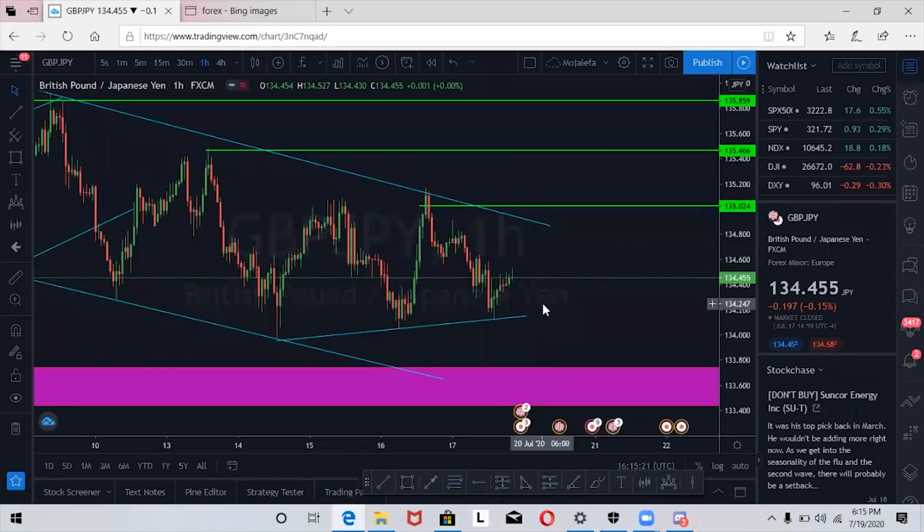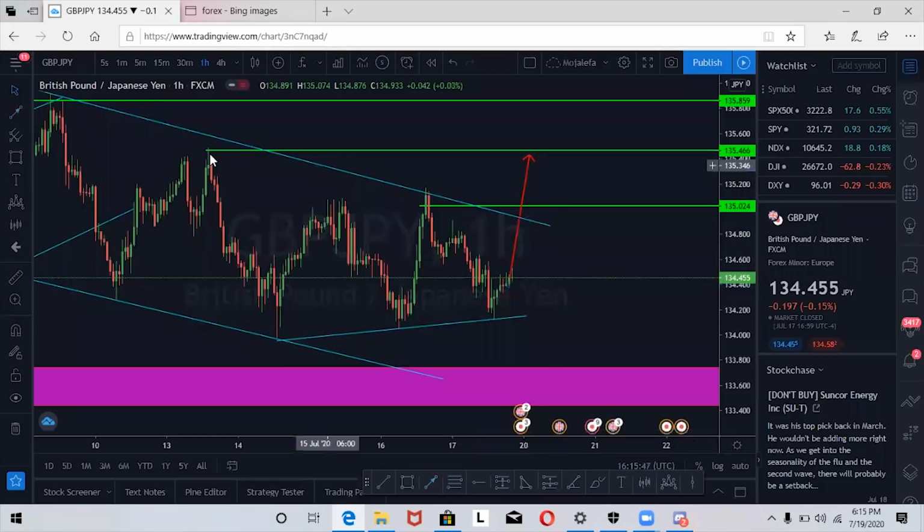So usually when you're trading something like this, which is in between your trend lines, not at the trend line, I usually tell people to wait for a breakout. For example, if this pair decides to go up, all you have to do is wait for it to reach a certain zone. It can break out, come to this zone. Remember, this zone is important because it was a previous resistance here.